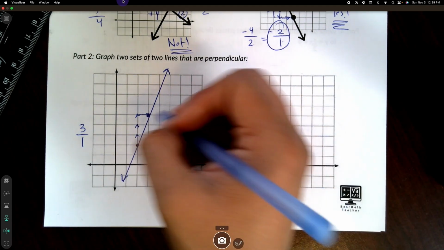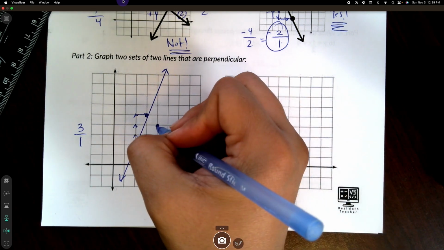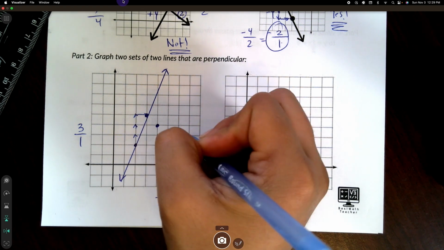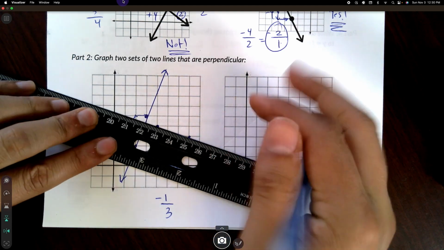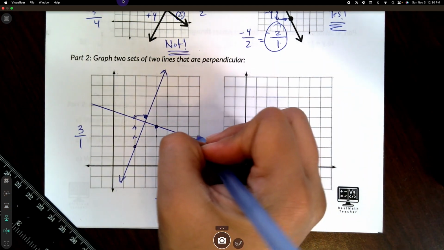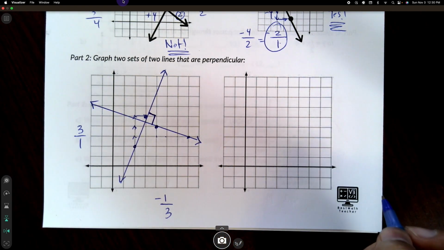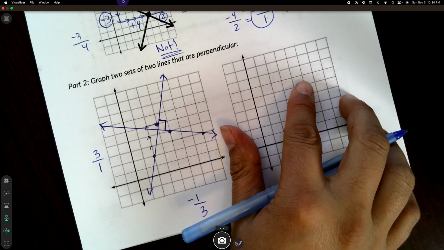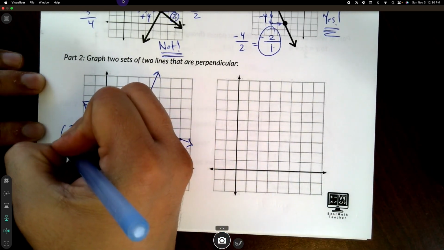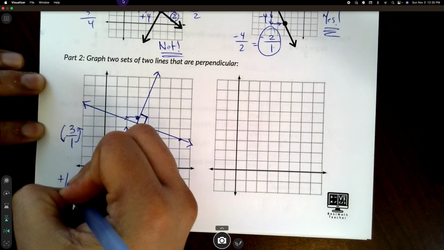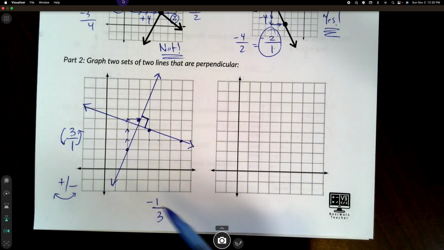So I'm going to go ahead and draw two points. Let's draw this one. And now I have to go down 1 over 3. 1, 2, 3. And if I draw this line, that should be perpendicular. So I have to put a box to show that it's a perfect corner. Okay, you can turn it to see that it is. So again, whatever slope you pick, you got to flip the numbers and then flip the positive to minus. Okay, so this one was positive, this one was negative.